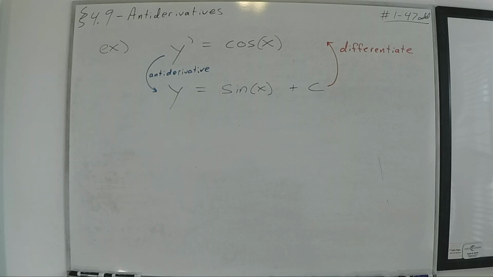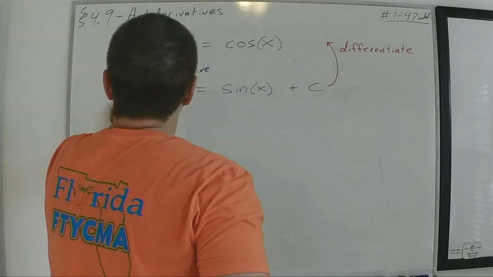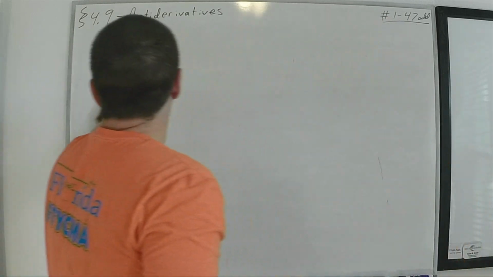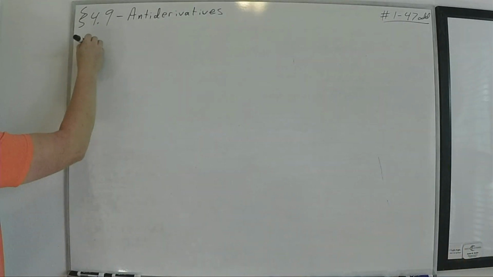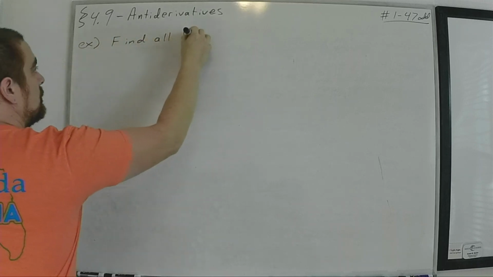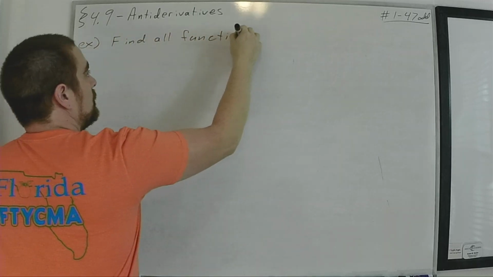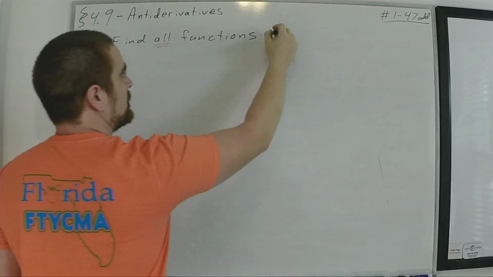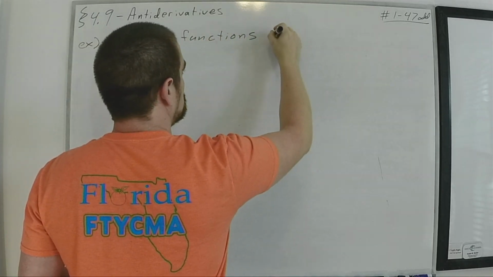So let's take a function and see if we can. Now, I know it says find all functions, but that's just because we want the general form, which will cover all the functions.